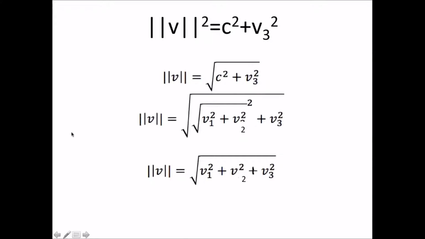The magnitude of v is equal to the square root of v1 squared plus v2 squared plus v3 squared. From there, we know that the square root squared cancels out, and we are left with the formula that we needed, v1 squared plus v2 squared plus v3 squared.